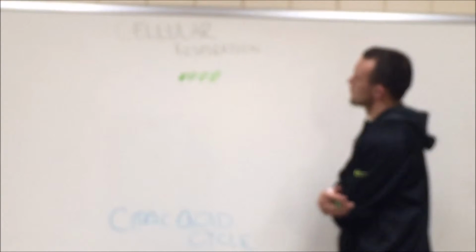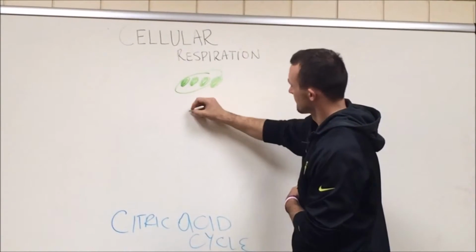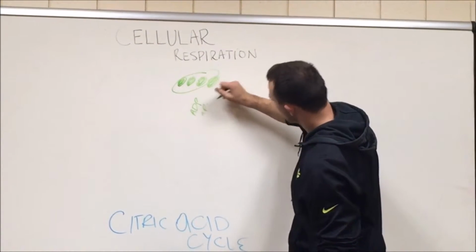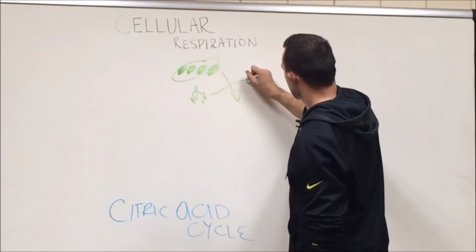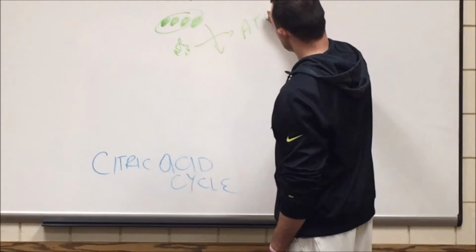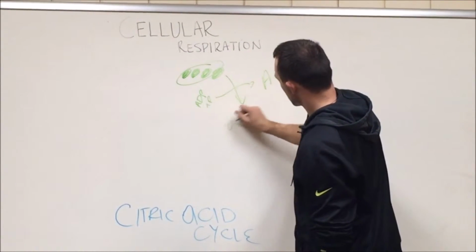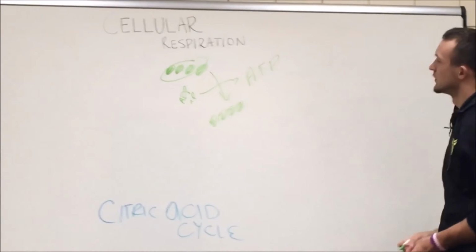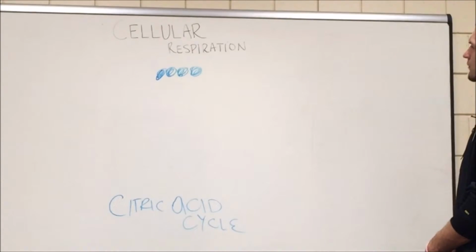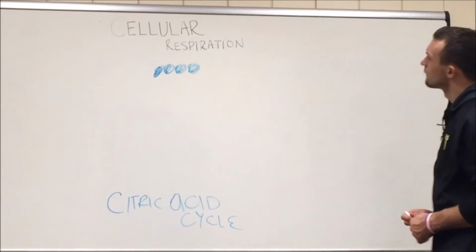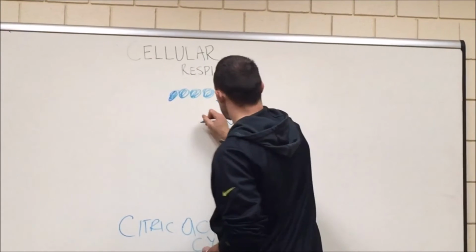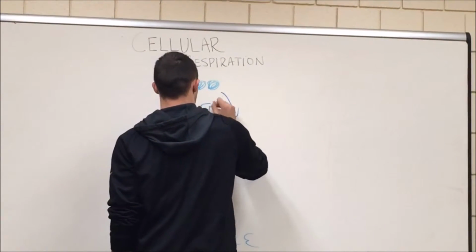Then ADP and P combine to create ATP. ATP is produced by substrate-level ATP synthesis. In the final step of the citric acid cycle, additional oxidation reactions produce another NADH and an FADH2 and regenerate the original 4-carbon molecule.